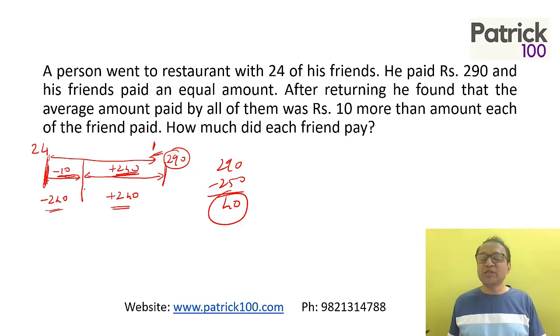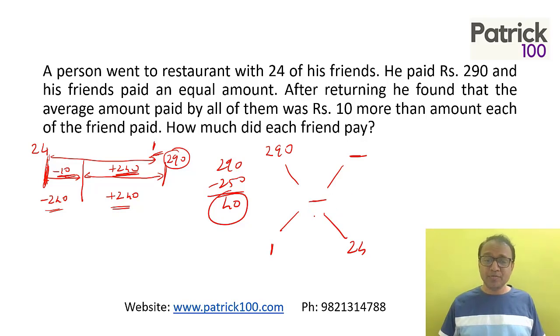You can also do this by reverse alligation. We talked about alligation earlier. There's a concept called reverse alligation. Basically, you're mixing 290, one person at 290, with the remaining 24 people. We normally write the average in between here. This is how you write. When you do alligation, we subtract 290 minus the average and write it here.